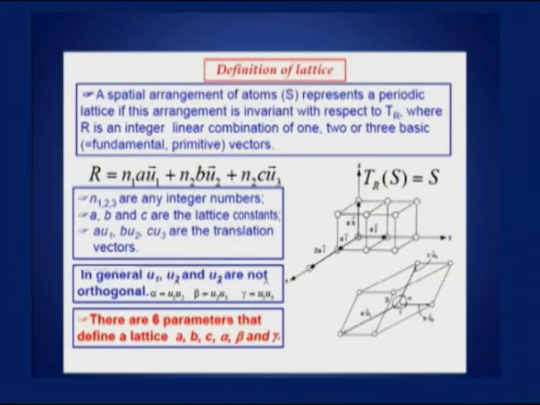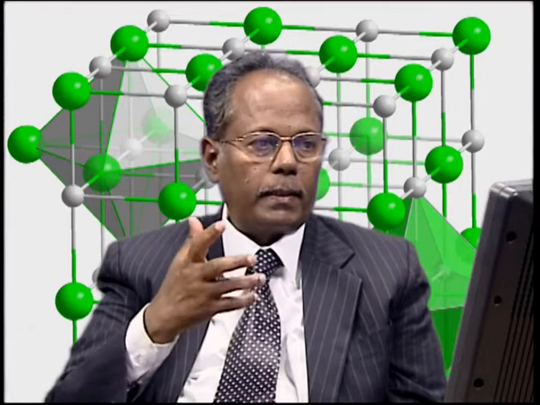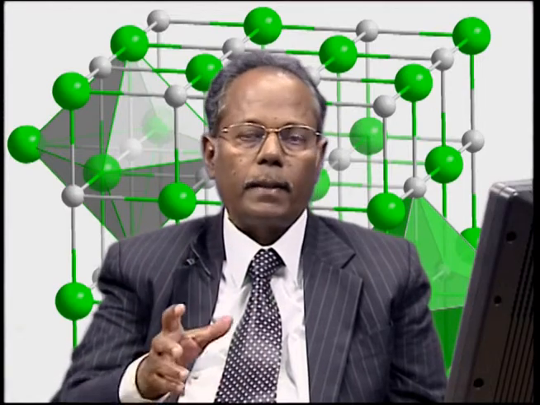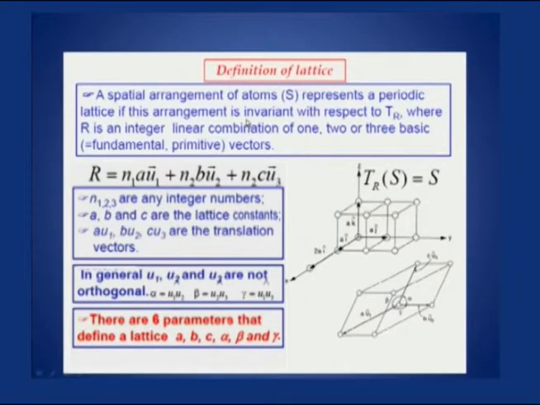Let us go to 3-dimensional solid structures. So far I was showing you a 2-dimensional lattice. A 3-dimensional lattice is nothing but a spatial arrangement of atoms representing a periodic lattice.